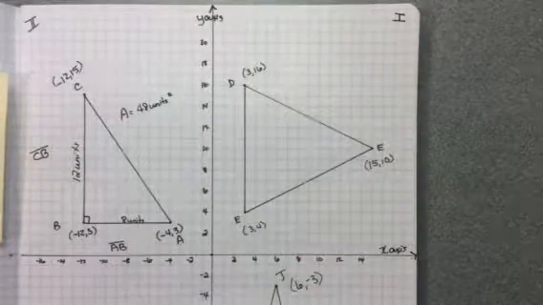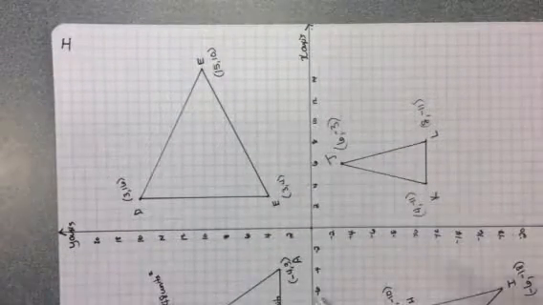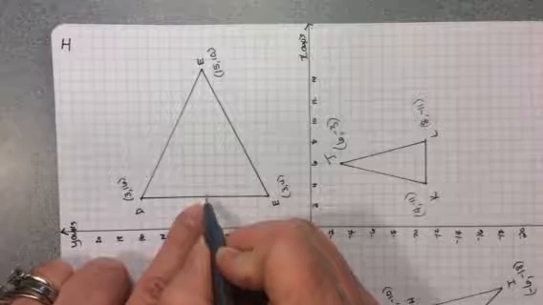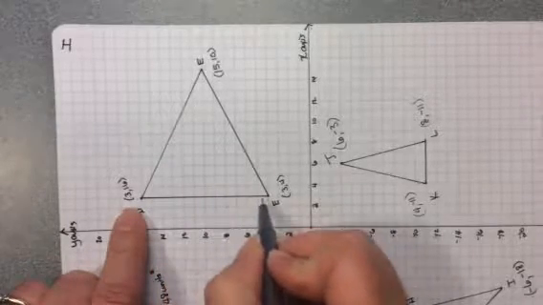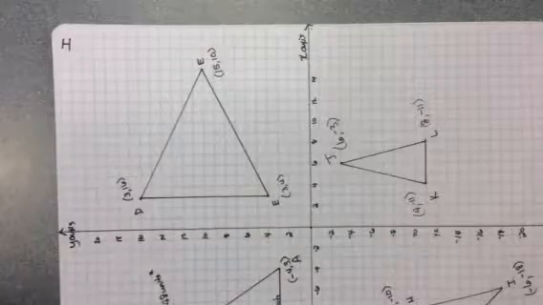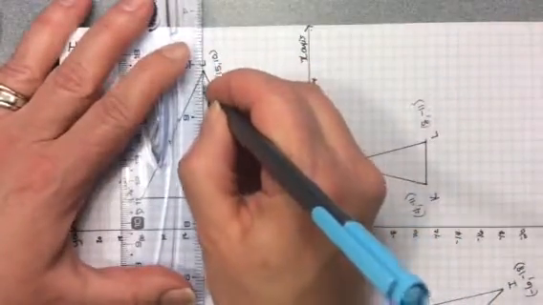I think what would be easiest is if we turn our paper like this, because we already have perpendicular lines running at the moment. So I'm going to refer to this as my base, and using a different color, I am going to draw my height.